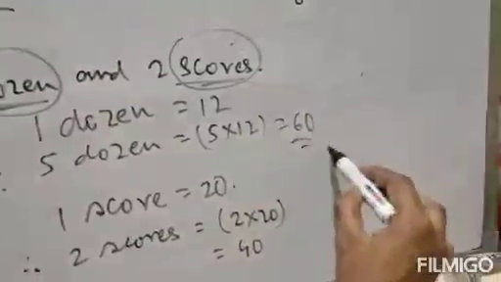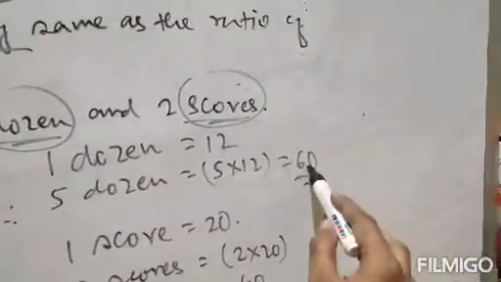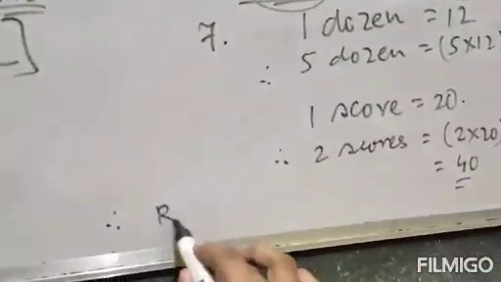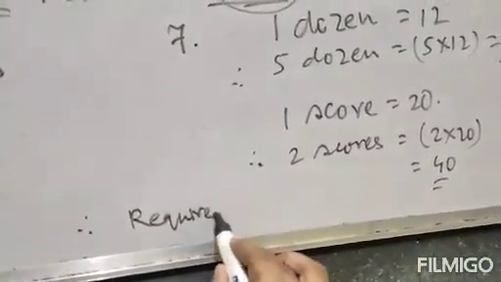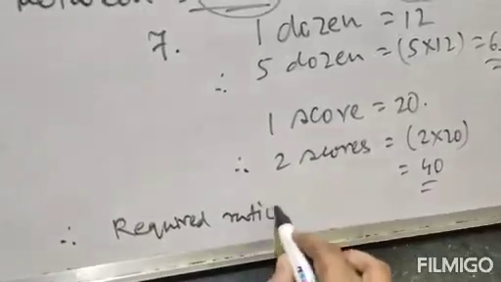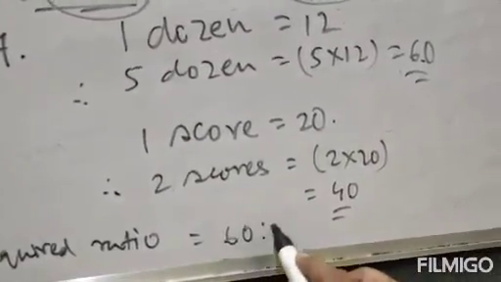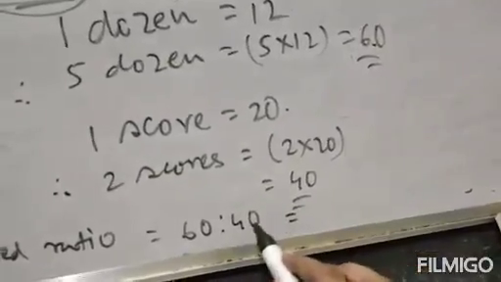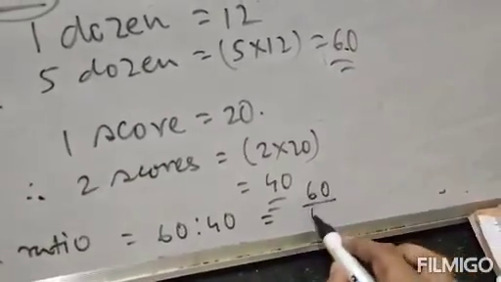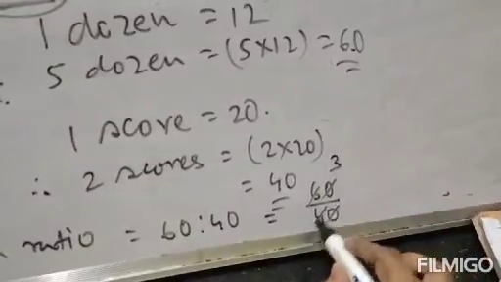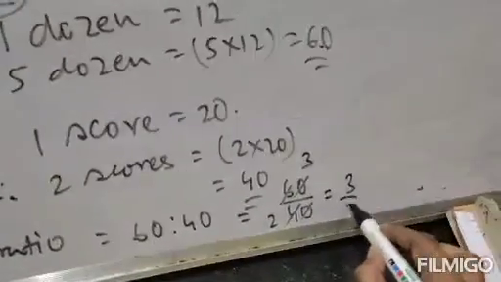Now we will find the ratio of 60 and 40, because here it is also in number form, here it is also in number form. So the required ratio will be 60:40. So 60:40 means 60 by 40. If you reduce it by 2, 2 3s are 6 and 2 2s are 4, so 3 by 2.